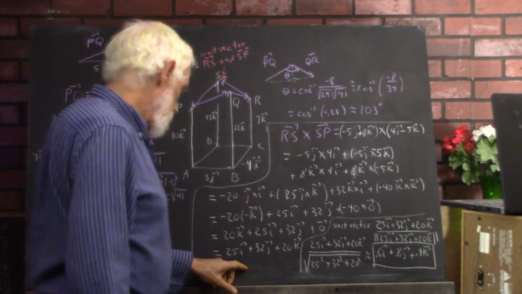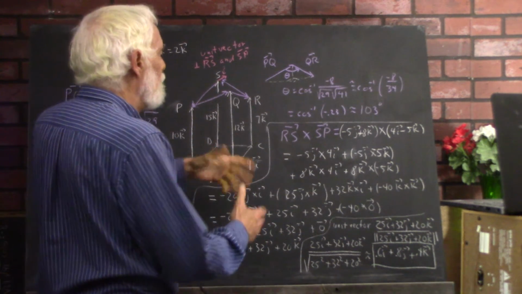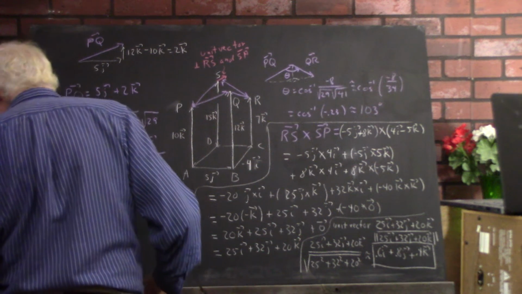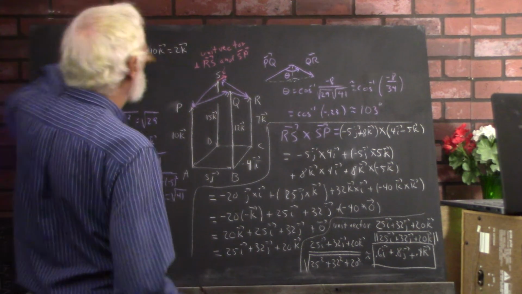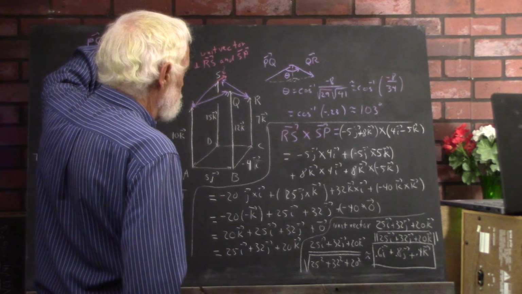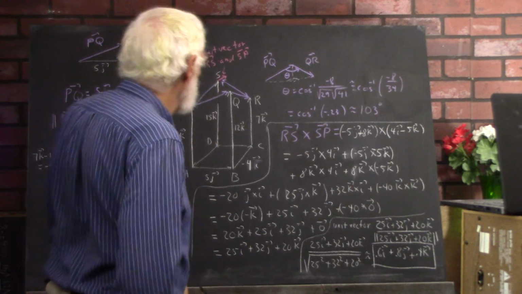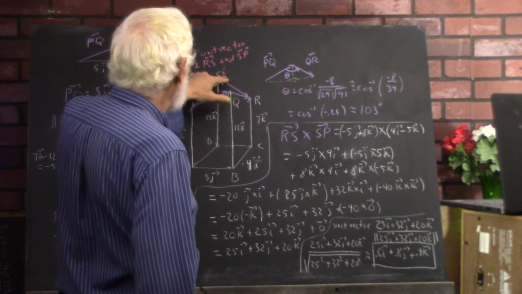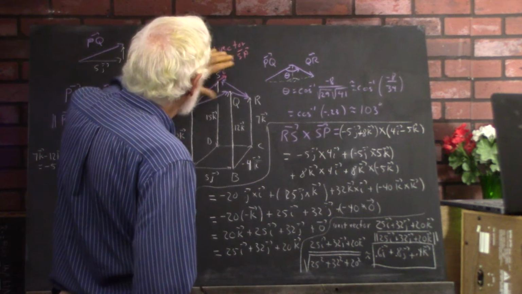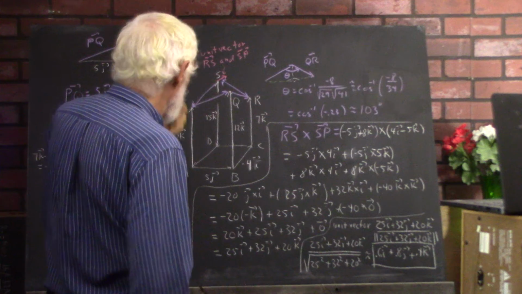Okay, so having gotten this vector, this cross product inherits the properties of the I, j, and k vectors and their cross products. It gives you a vector perpendicular to both RS and SP. Okay, so we have RS, we have SP. A vector perpendicular to these is perpendicular to the plane defined by RS and SP.